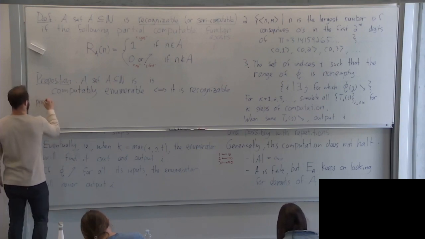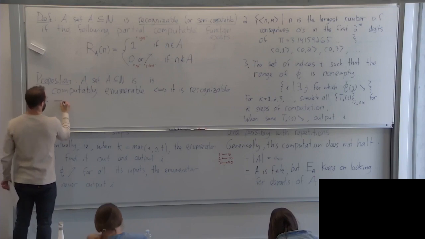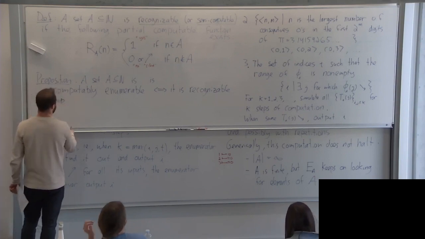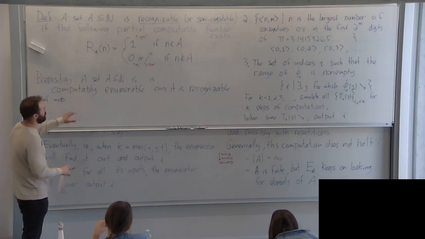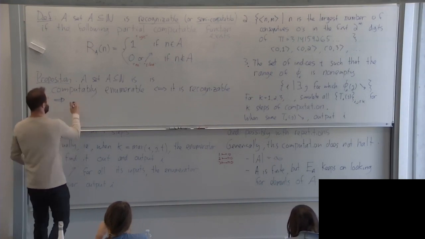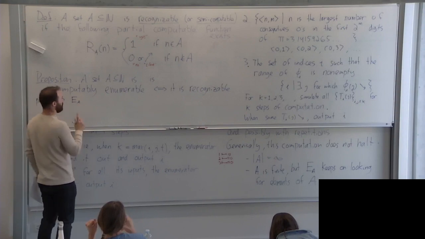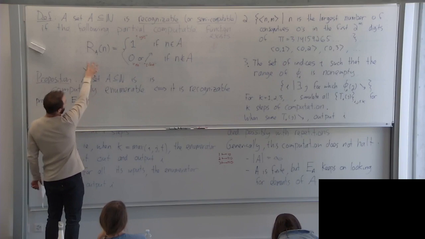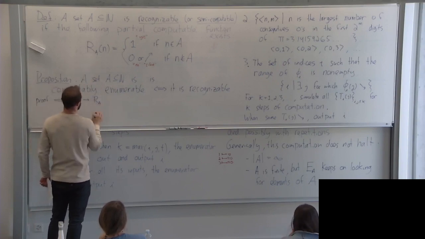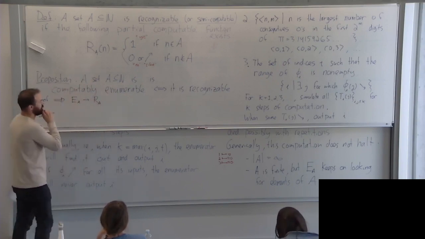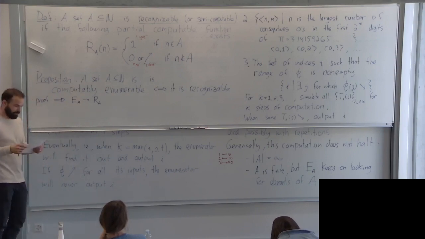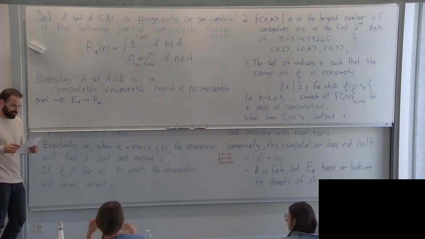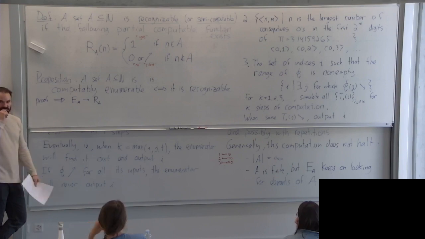Proof. Let's start with this side, which means that it is computably enumerable. The set A has some E_A, enumerator for the set A. And what I want to do is to build a partial computable function R_A, which will recognize the elements of A. How can we do that?